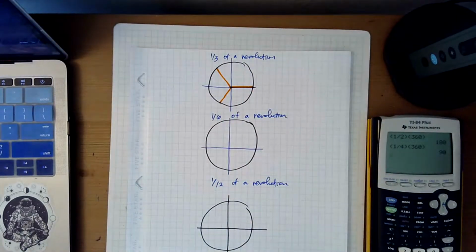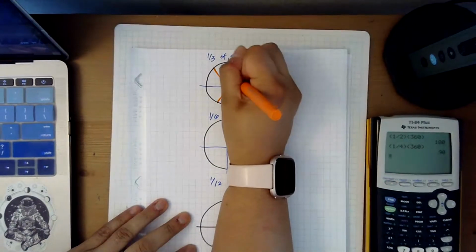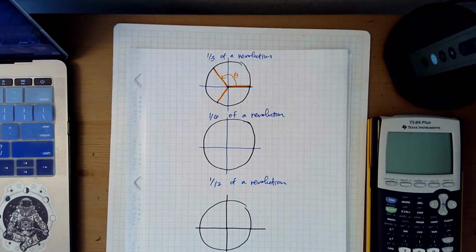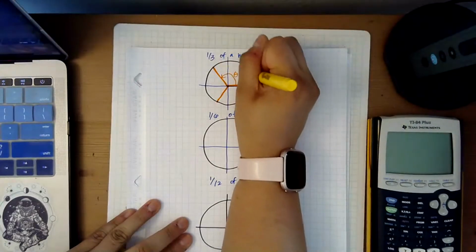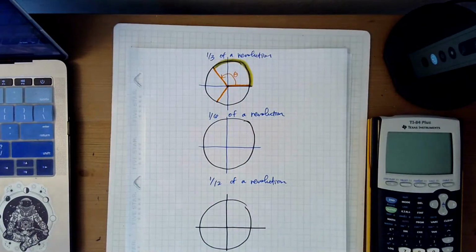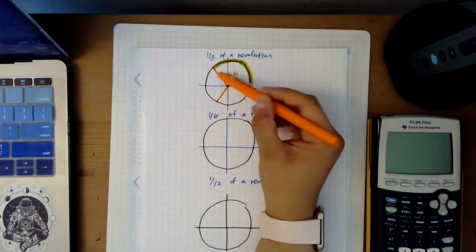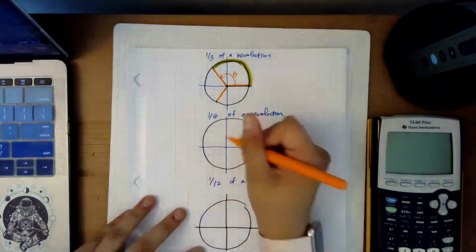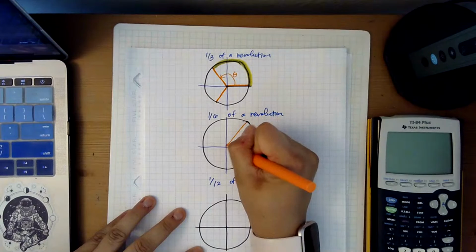Yes? So now 1/3 of a revolution would be my theta from there to there, which means I'm only analyzing this part. And 1/6 of a revolution means that I cut these parts into 2s. So that means I have something like this.